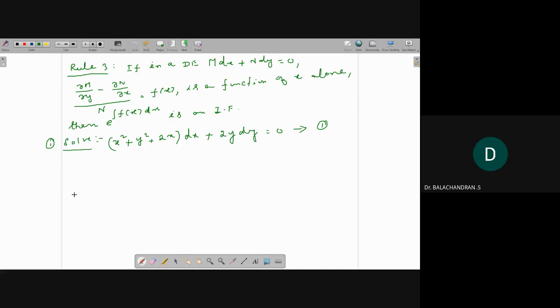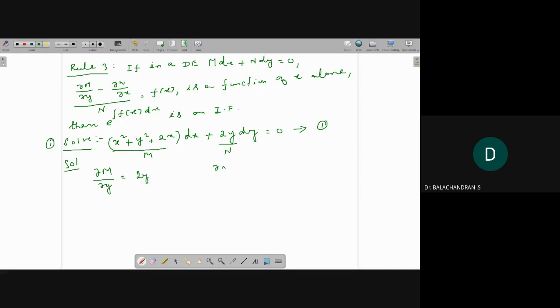First you should check whether this is exact or not. So this is M. ∂M/∂y: differentiate M partially with respect to y, you get 2y.